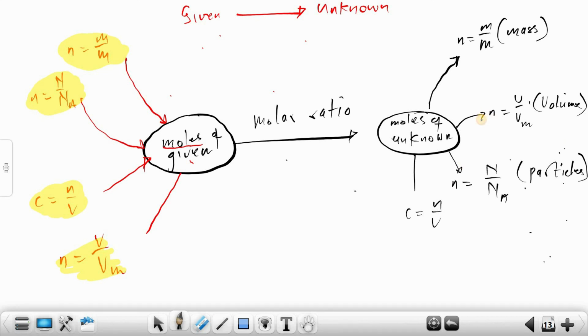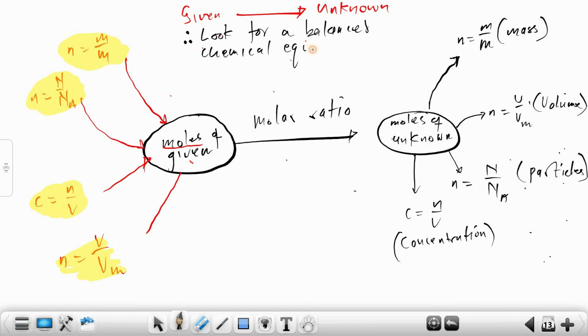So it is always important to check what is it that the examiner is asking for. But what is key? And when do I know that I am going to use now this approach? NB. Look now for a balanced chemical equation.